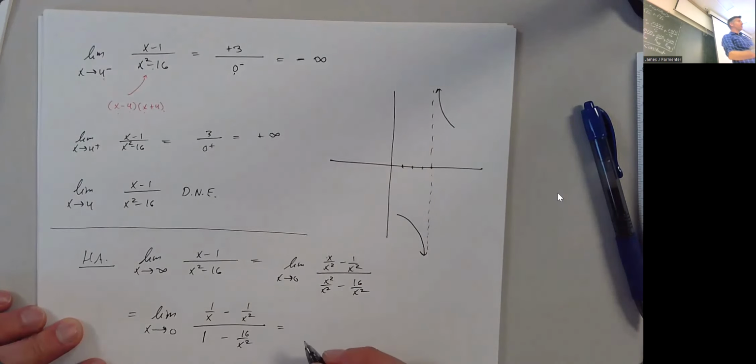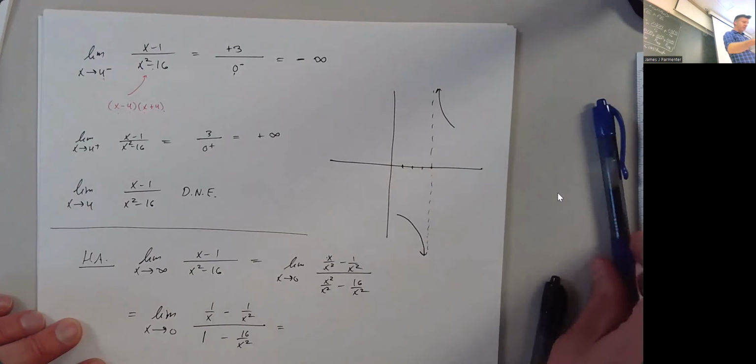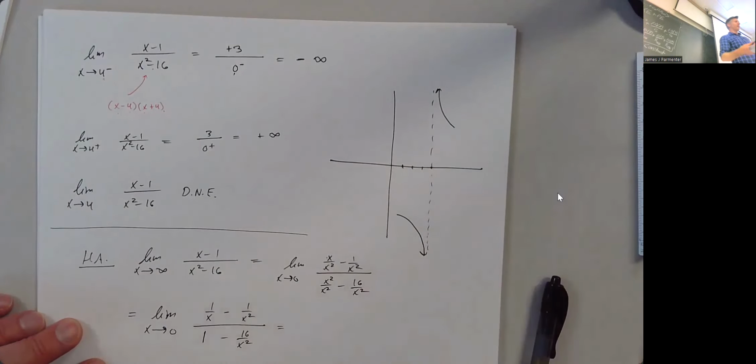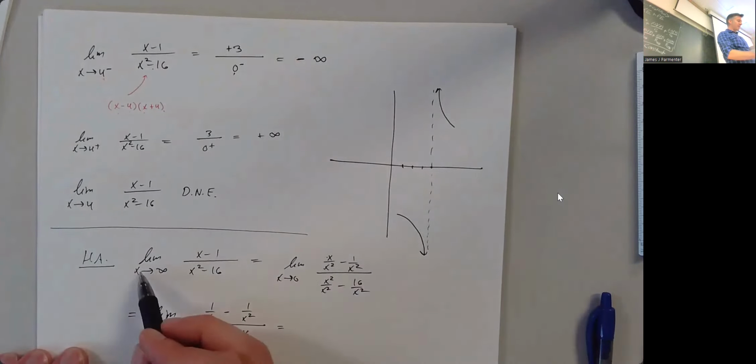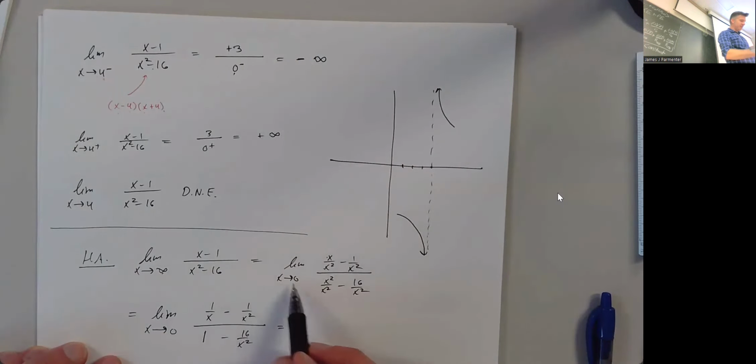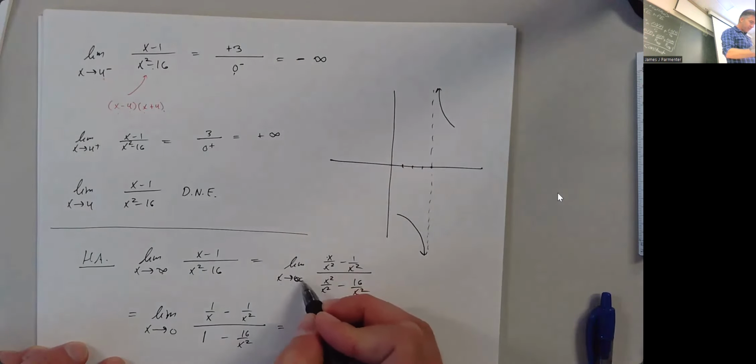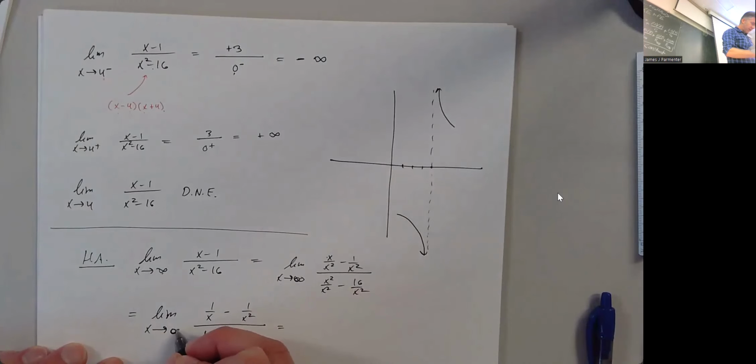And now, 1 over x is going to go to, oh, I wrote something kind of wrong here. What did I write wrong? It's easy to miss. I missed it. I started off with the limit as x goes to infinity, and then I wrote the limit as x goes to 0. There we go. Much better.